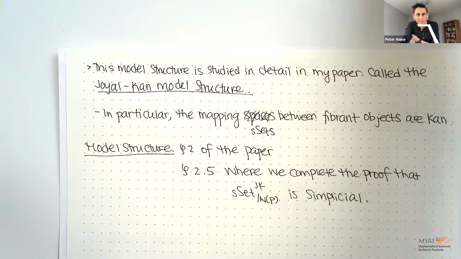The thing in this setting that is a little bit hard is that the weak equivalences are stable under filtered colimits. That's one of the things in the criterion that I use to check.